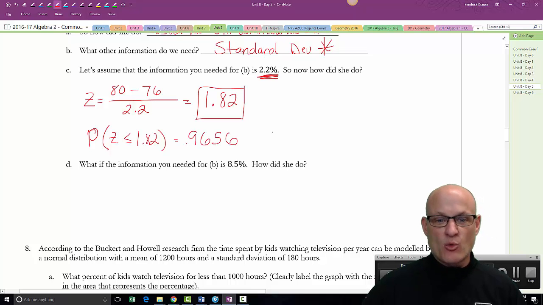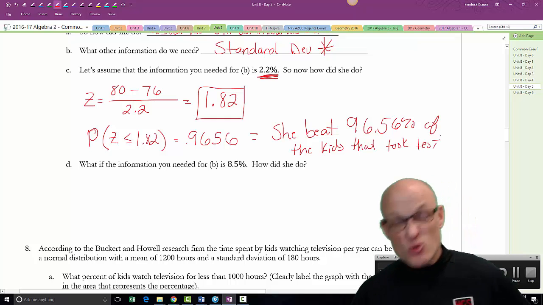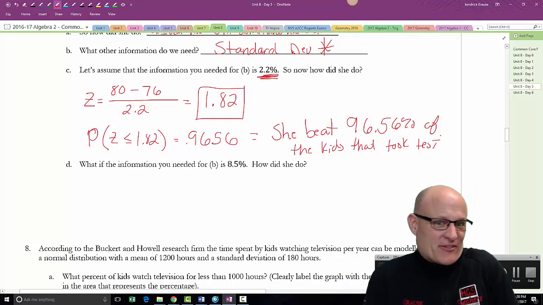That's what we just looked up. Well, what does that mean? That means she beat 96.56% of the kids that took the test. So she crushed it. Even though she only got an 80, she beat 97% of the kids that took the test.